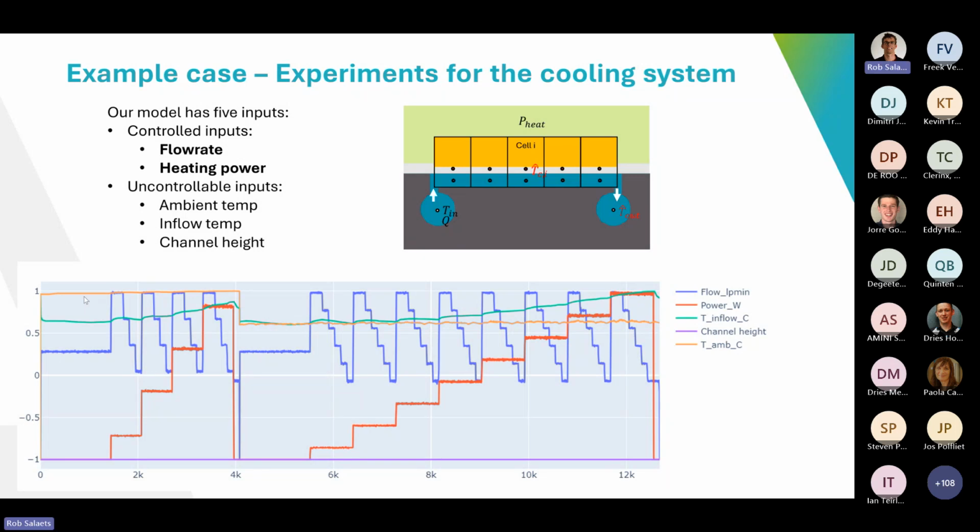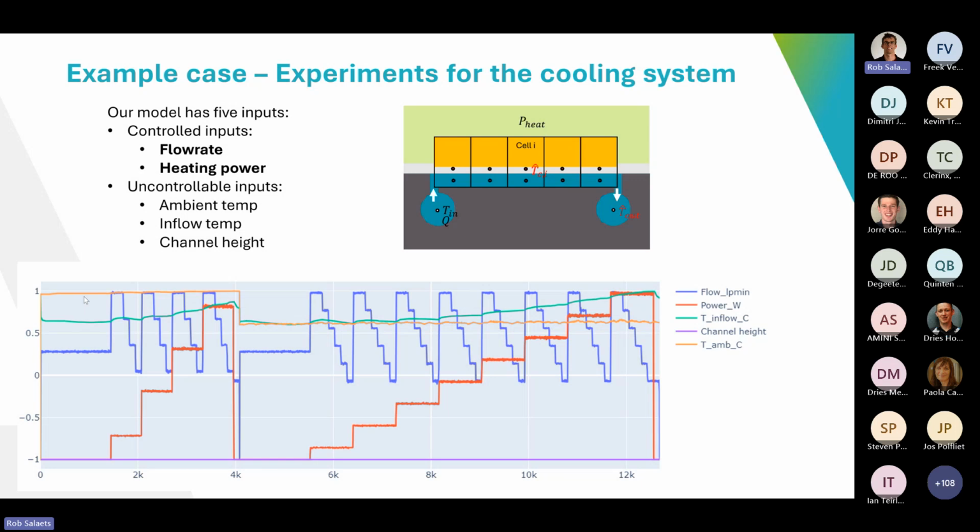And then we have some other uncontrolled inputs like the ambient temperature, the inflow temperature, and the channel geometry. You might recognize in the signals I'm plotting here that we did a small data campaign, and it's taking these steady state steps. So that reveals that we did a sort of uniform grid sampling.